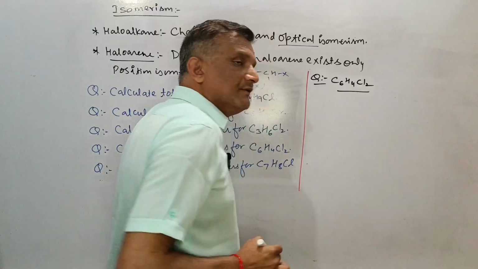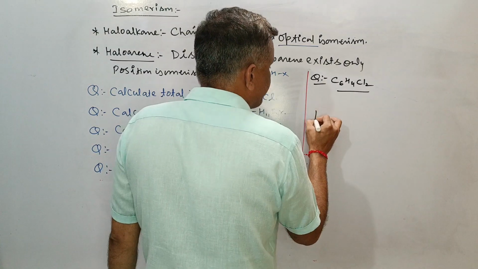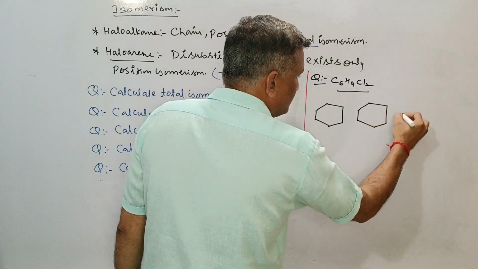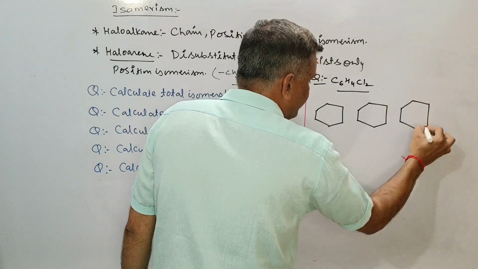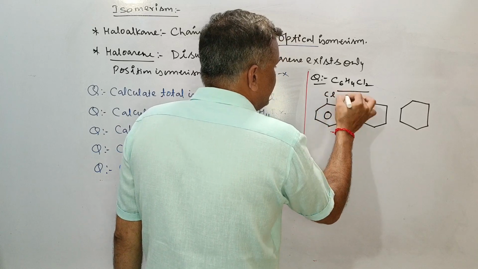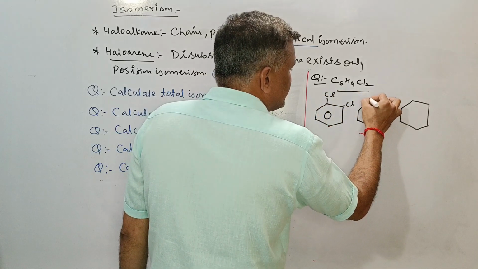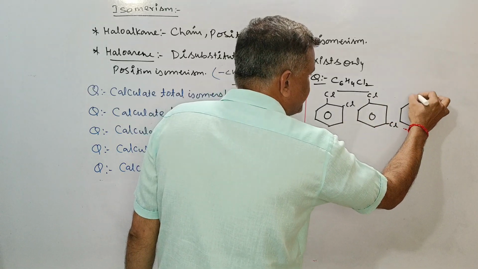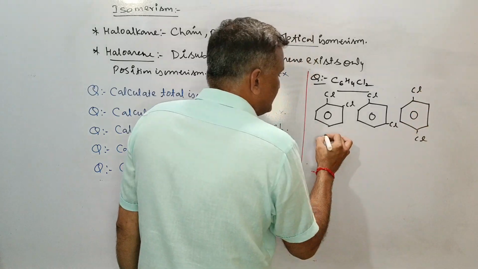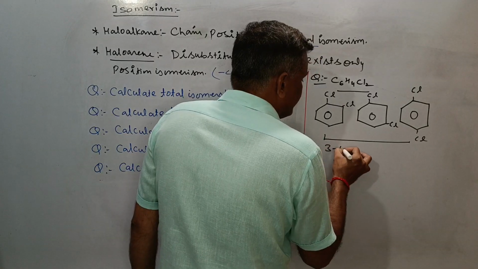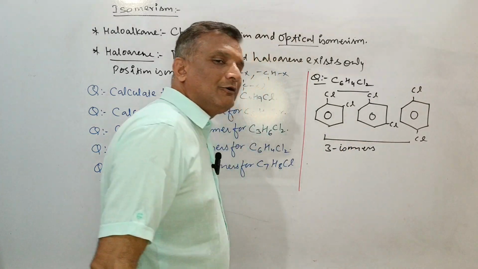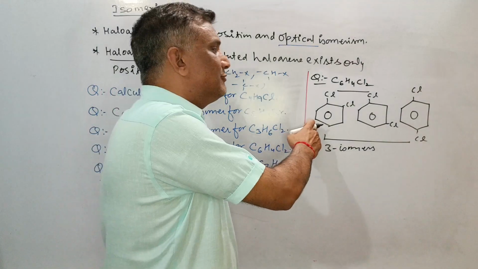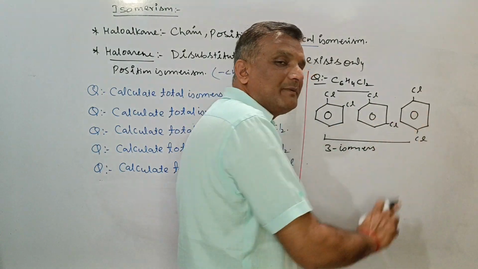For 6 carbons it will be benzene, and for benzene there will be 3 position isomers: ortho, meta and para. This is the Cl and Cl. The 1,2 position is ortho, the 1,3 position is meta and the 1,4 position is your para. So here there will be only 3 isomers: ortho, meta and para. This is called o-dichlorobenzene, m-dichlorobenzene, p-dichlorobenzene.